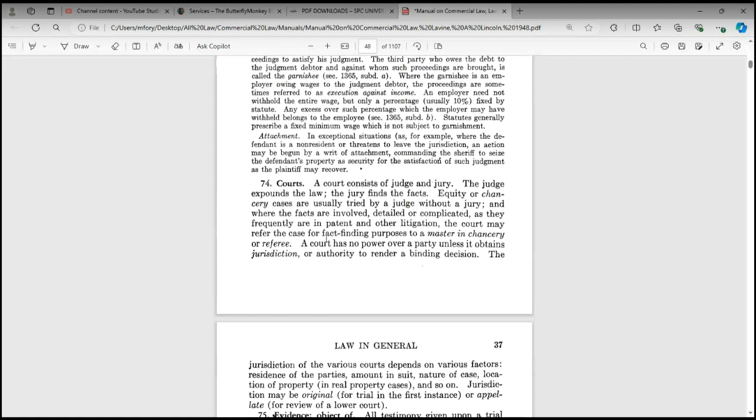And where the facts are involved, detailed or complicated, as they frequently are in patent and other litigation, the court may refer the case for fact-finding purposes to a master in chancery or referee. They call them something else too. Master something though.